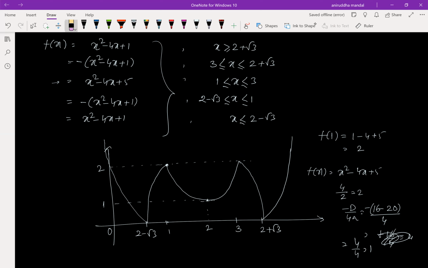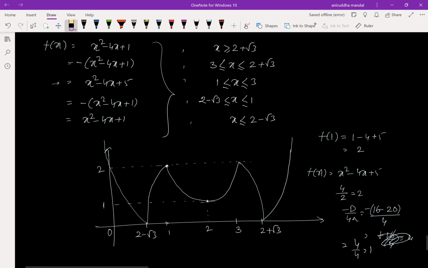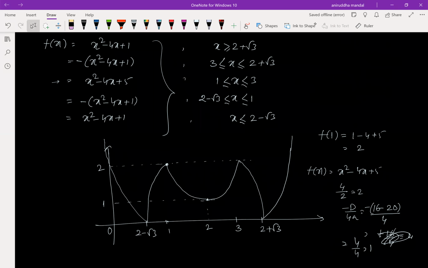So let's check all the options based on this graph.